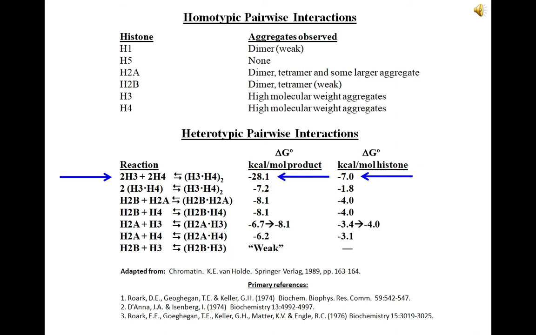At minus 28.1 kilocalories per mole, the tendency of H3 and H4 subunits to form a tetramer greatly exceeds the tendencies of any of the other monomer pairs listed in the table to form a dimer.